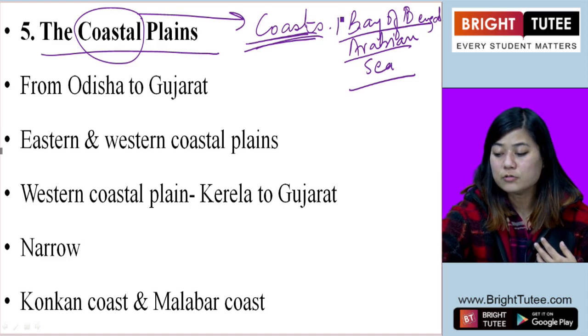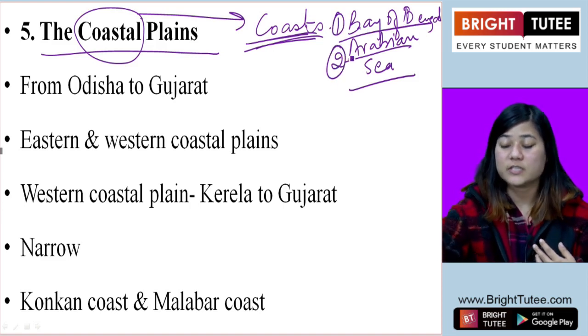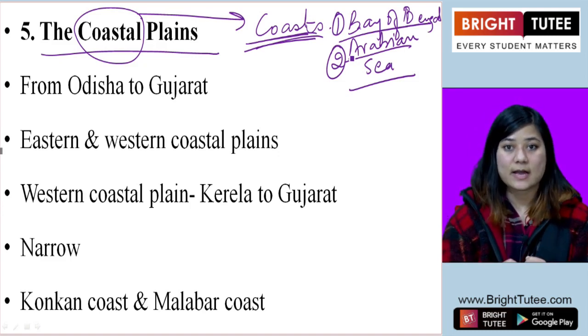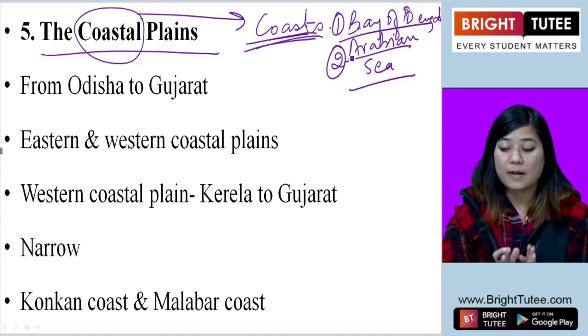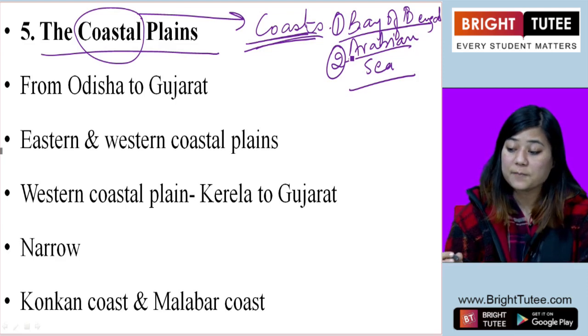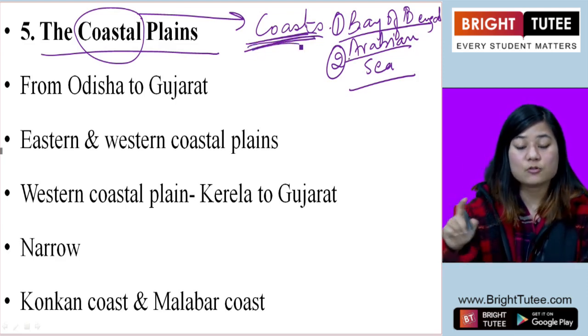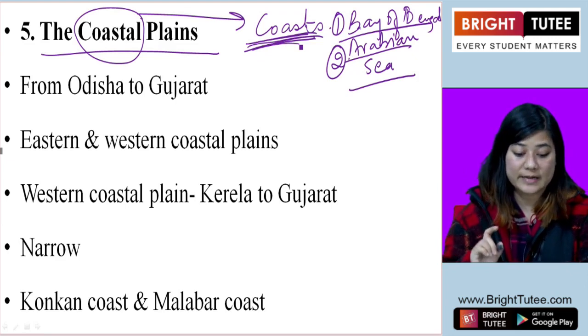These are two water bodies which lie on the eastern side and the western side of the peninsular part of the country. Okay, and these are bounded by coasts, and these coasts are called coastal plains.